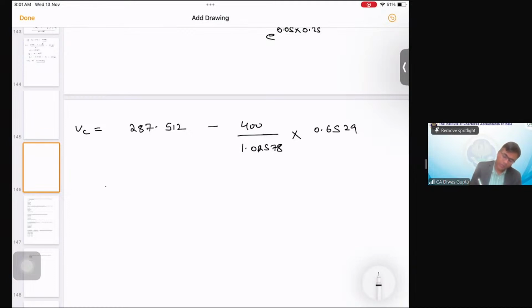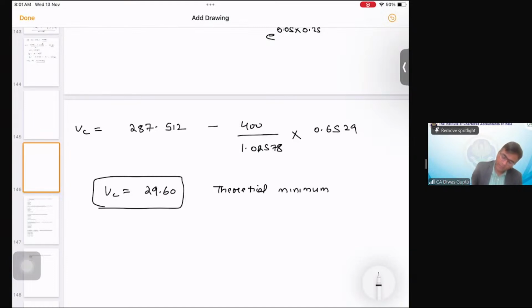So the value of the call option is 29.60 using the Black-Scholes model. And this we call the theoretical minimum value. So as per the theoretical minimum value, it should be 29.60.